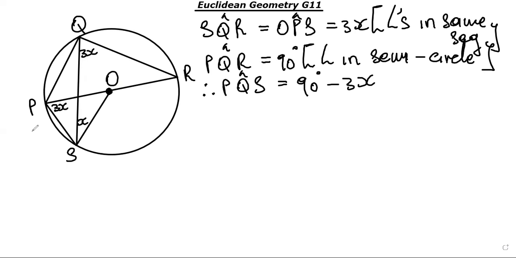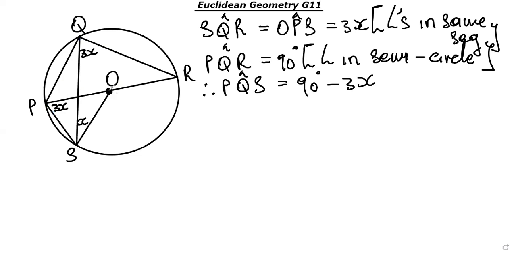The next question says, determine the size of angle PSQ. So this angle. And it's also for 3 marks. So it tells you that you have to do something first.